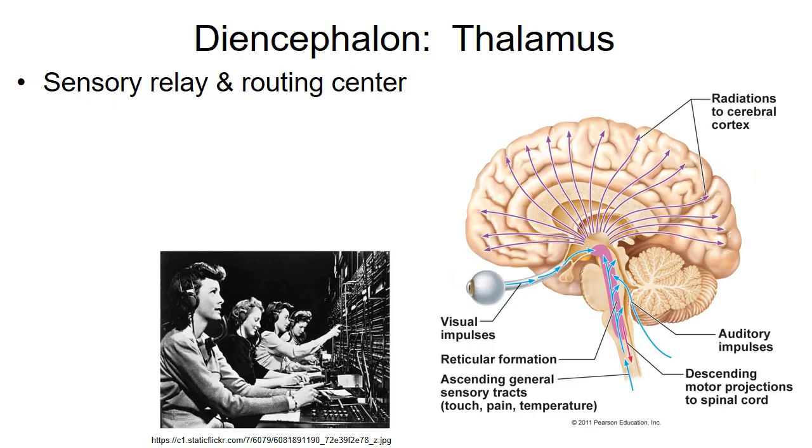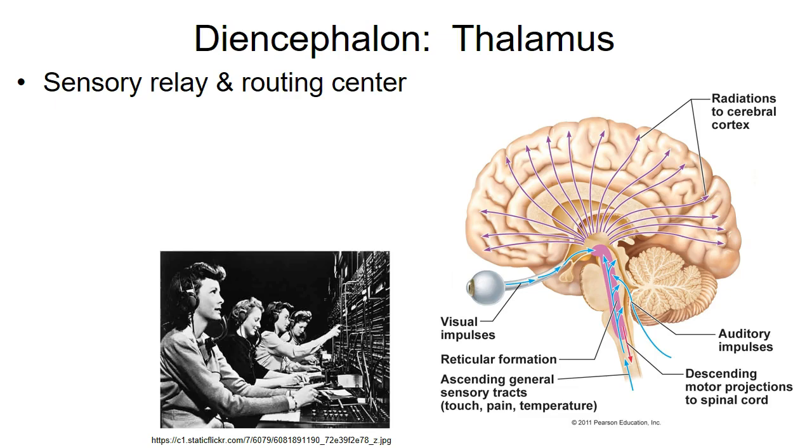The thalamus is a major routing structure that is going to be filtering and routing information. So it's a major relay center. All that sensory information that's coming up from the spinal cord that you're going to be consciously aware of. Remember we talked about the spinothalamic tract that started in the spine, and where does it end?